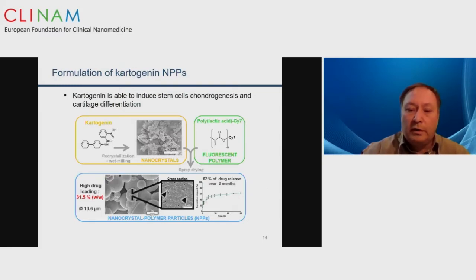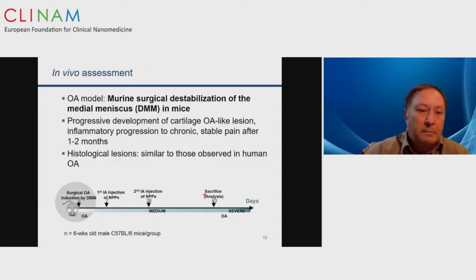These particles were then assessed in vivo. The efficacy was assessed in an intra-articular model of destabilization of the medial meniscus, the so-called DMM model in mice. This model involves the meniscus, which is commonly affected in human osteoarthritis, and it mimics the progression of the disease as seen in humans.